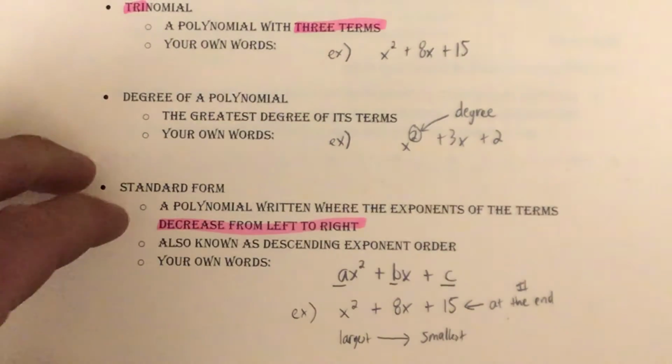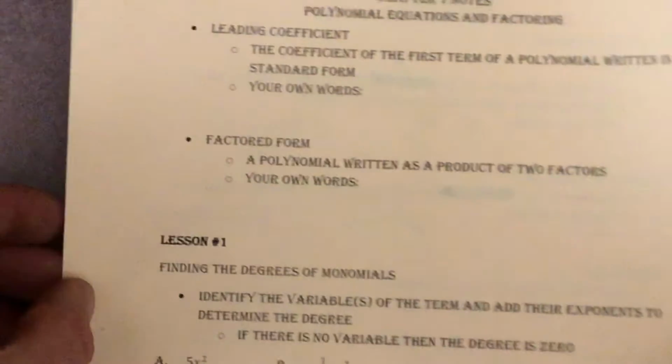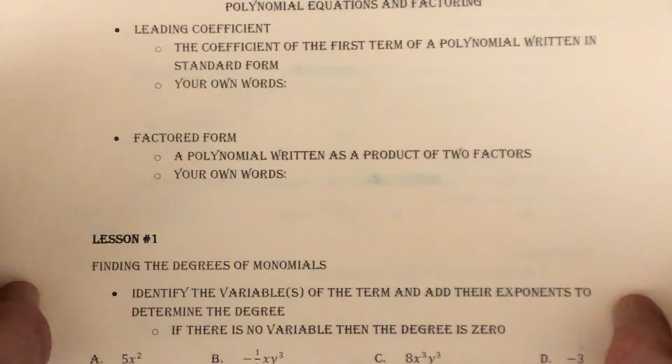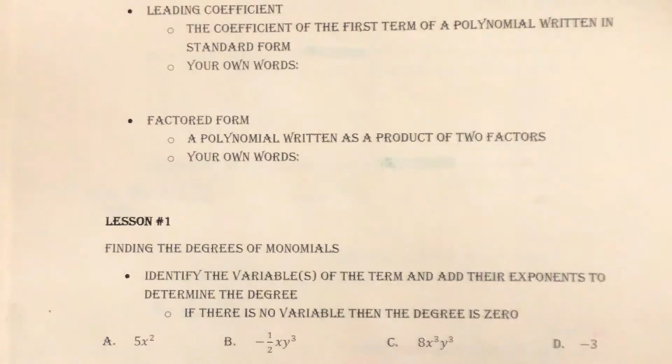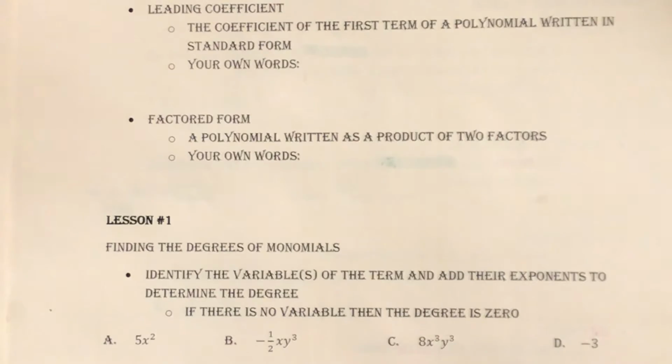So if you flip it over your page, we've got a couple more vocabulary words that we want to cover before we go on to our first lesson. The first one is leading coefficient. We learned about coefficients in the past. That's a number in front of a variable, and it's multiplying the variable. The leading coefficient is the coefficient of the first term of the polynomial when it's written in standard form.